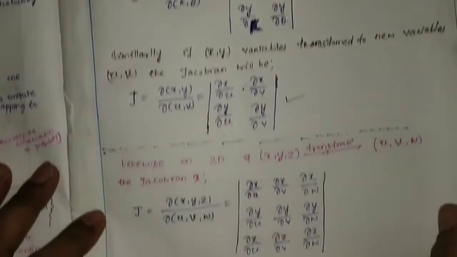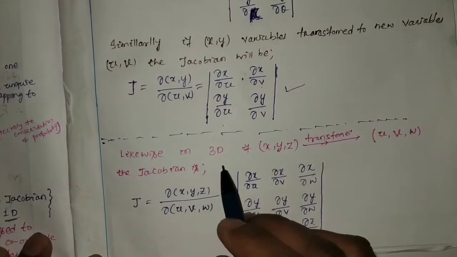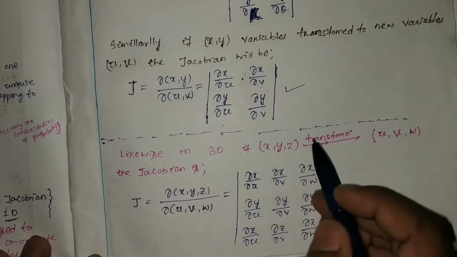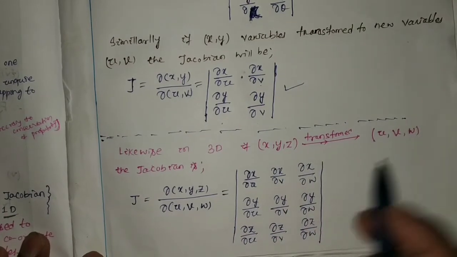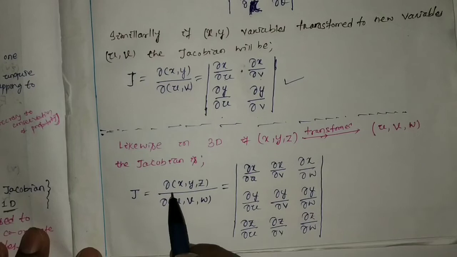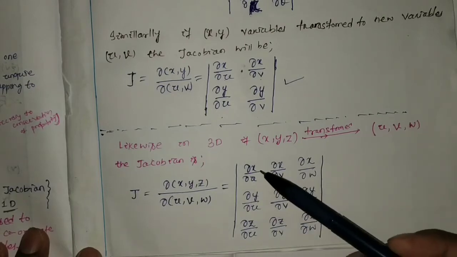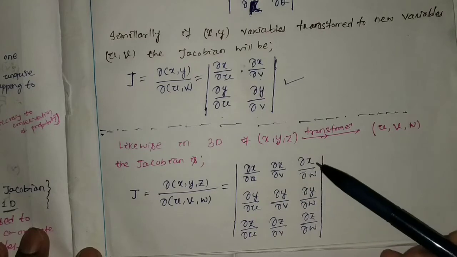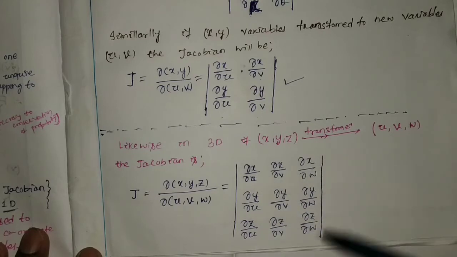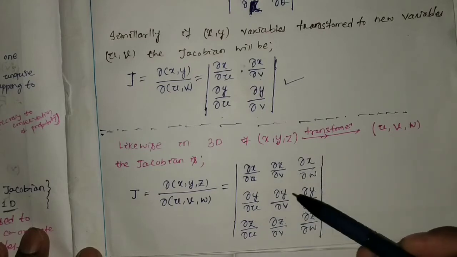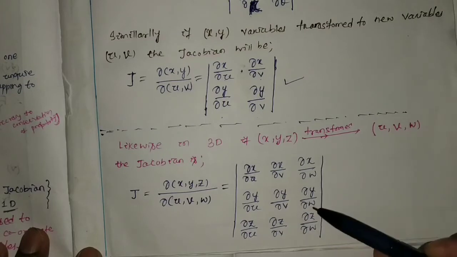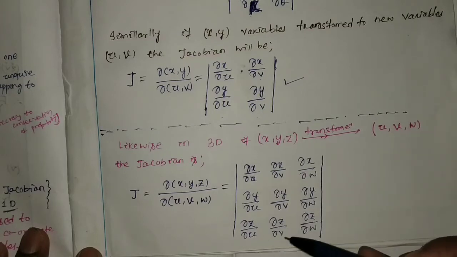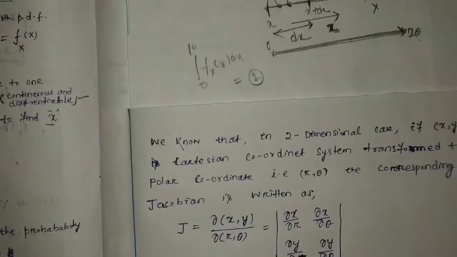Likewise, in three dimensions, x y z transformed to u v w, the Jacobian is del x y z by del u v w, that is the matrix of del x by del u, del x by del v, del x by del w, del y by del u, del y by del v, del y by del w, del z by del u, del z by del v, del z by del w, that we know.